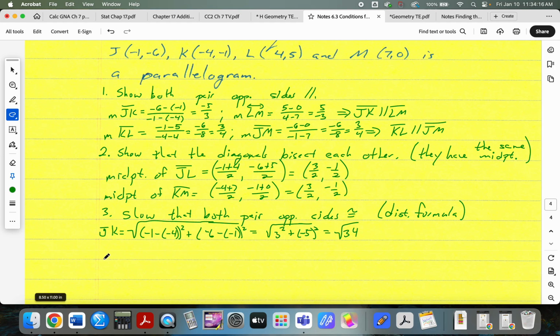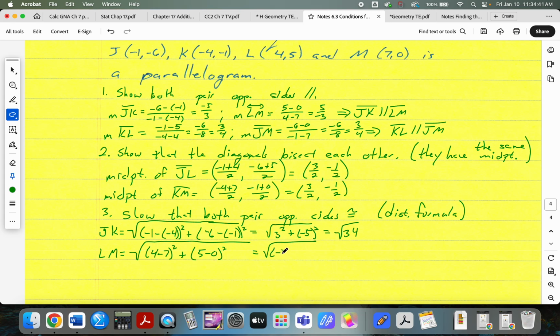So the opposite side, LM, its length will be the square root of 4 minus 7 squared plus 5 minus 0 squared.